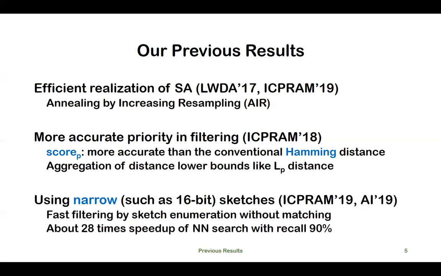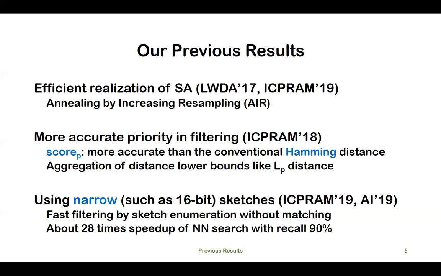Furthermore, in ICPRM 19 and AI 19, we proposed a fast search method using narrow sketches, such as 16 bits. One of the keys to this method is that sketches are enumerated in order of priority without matching to achieve fast filtering.